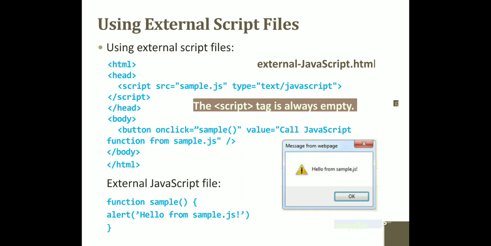So sample.js is the external JavaScript file, and type as text or JavaScript. And that script is ended here. The head section is ended. In the body section we have provided a button, and onclick that button, the sample is given value, and value equals call JavaScript function from sample.js.